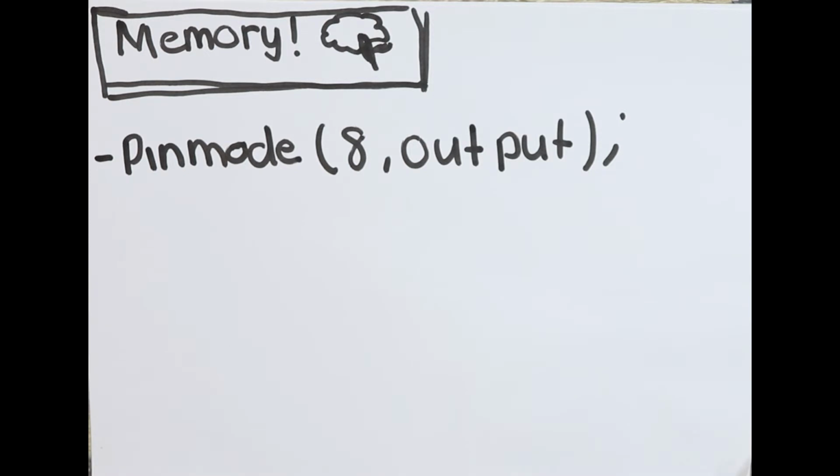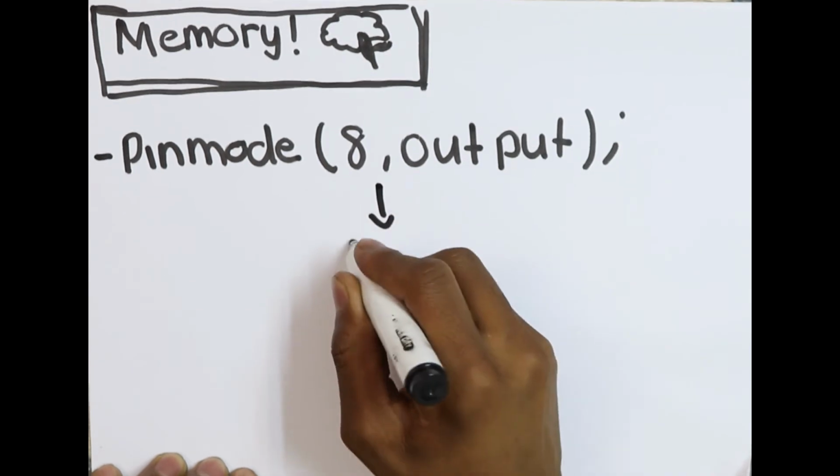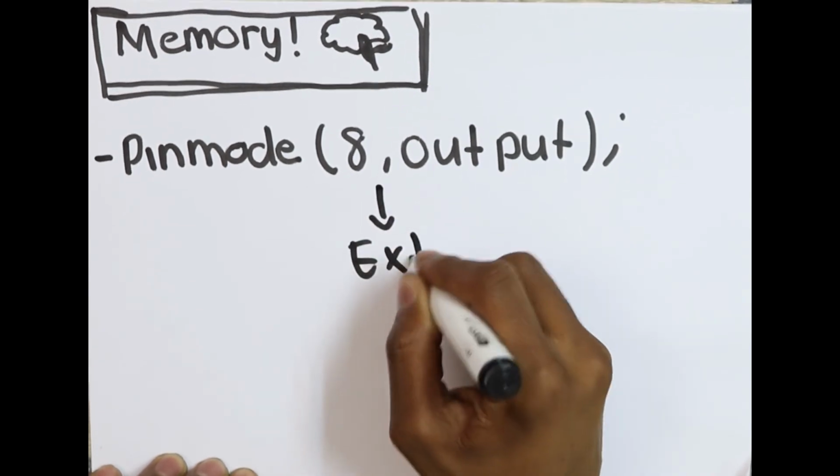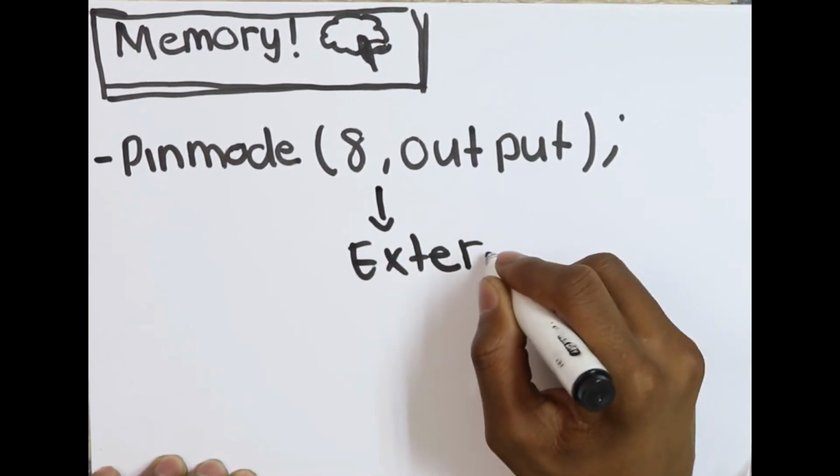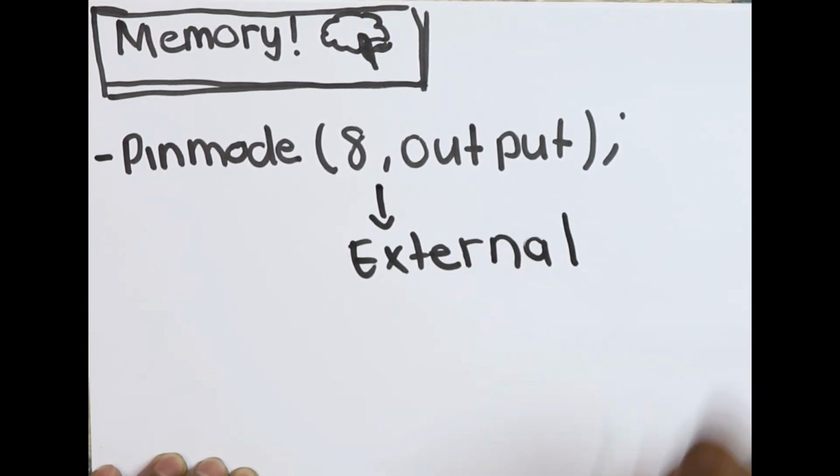So this line of code would be handled by the memory that handles the external features.